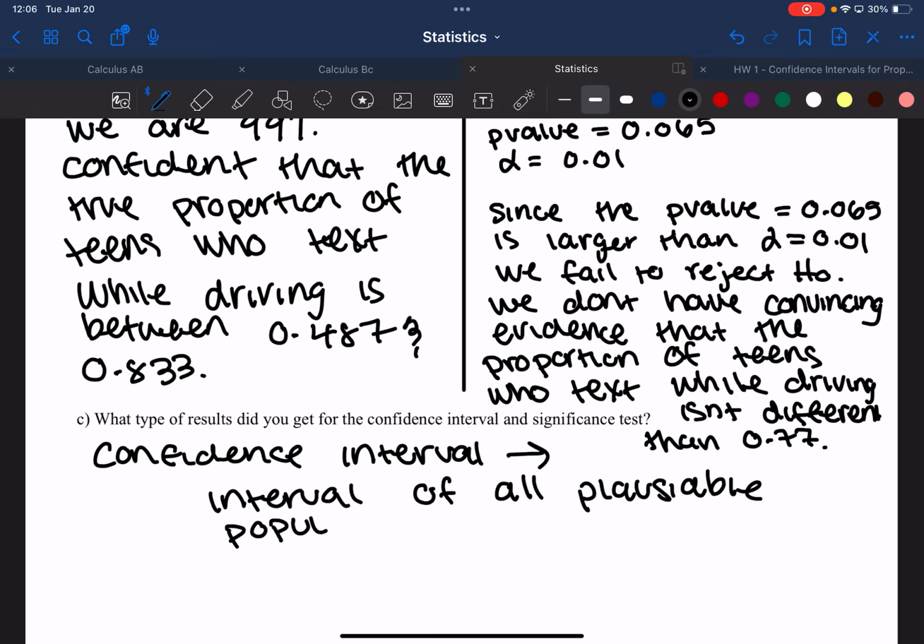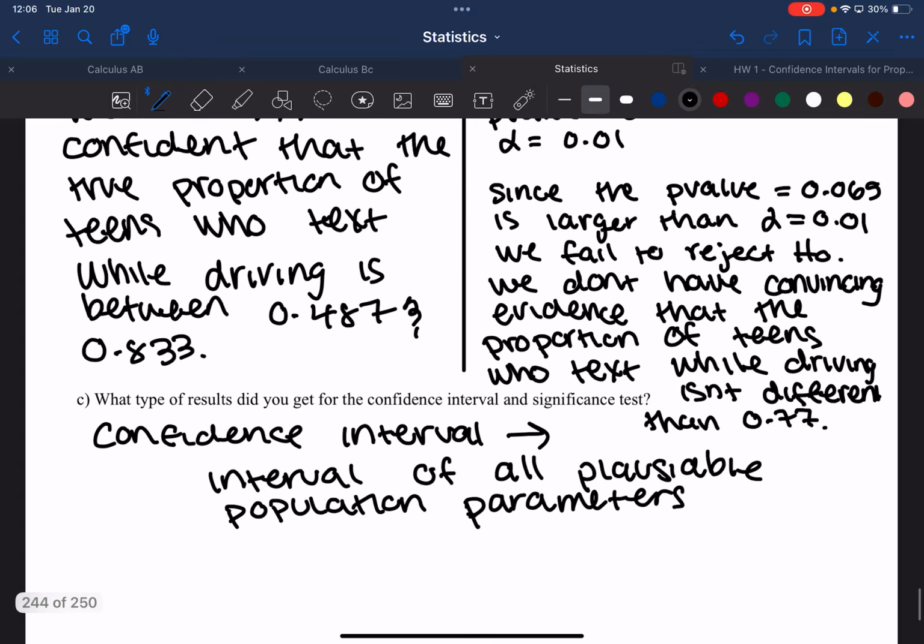Population parameters. It gave us all plausible population parameters. So it's saying somewhere between about 49% and 83% is the amount of actual teens who text while driving.